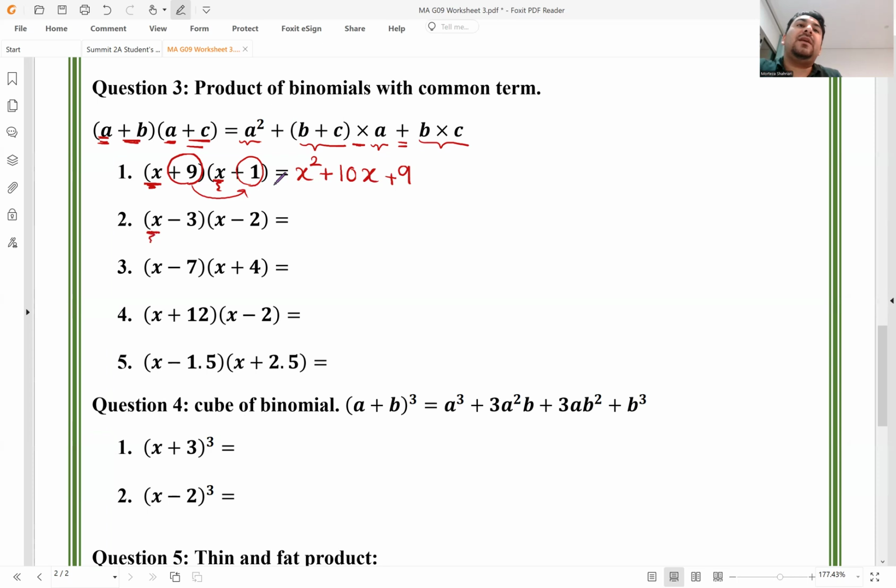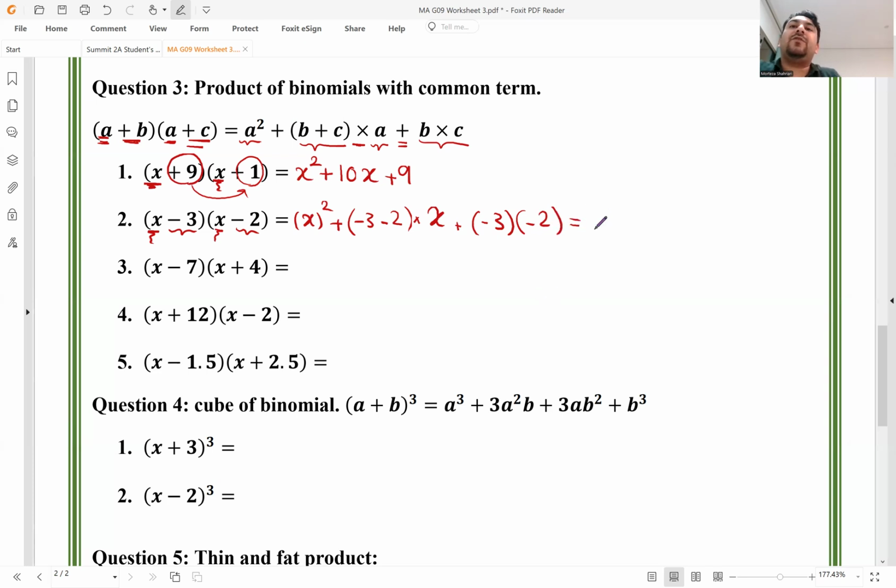The next question, I go step by step to see each part and the calculation. So the common term is x in the two brackets. So common term, which is x powered by 2. Then plus the sum of non-common. The non-commons are negative 3 and negative 2. So negative 3 plus negative 2, multiplied by the common term, which is x, and then plus the product of non-commons, negative 3 times negative 2.